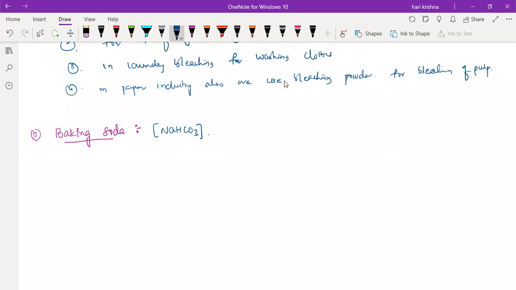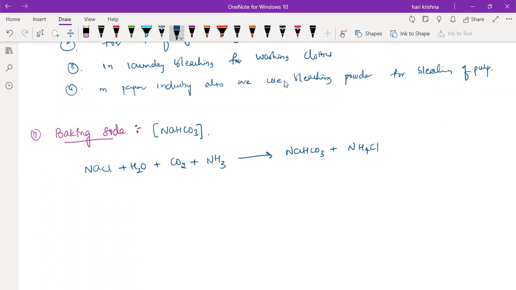How will we prepare the baking soda then? Take the NaCl and react with water, carbon dioxide and ammonia. Very good. To form ammonium chloride and sodium hydrogen carbonate. So this is a method for preparation of baking soda.